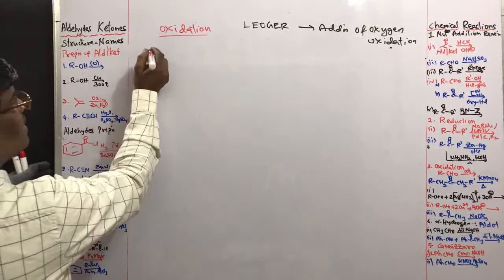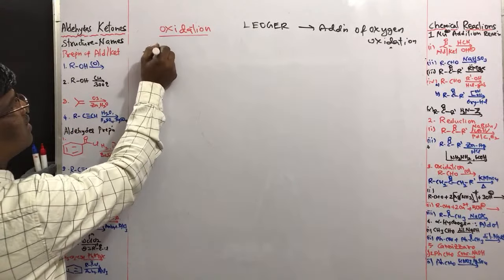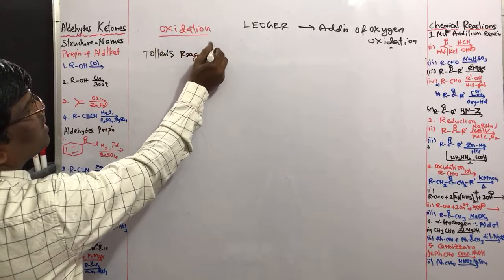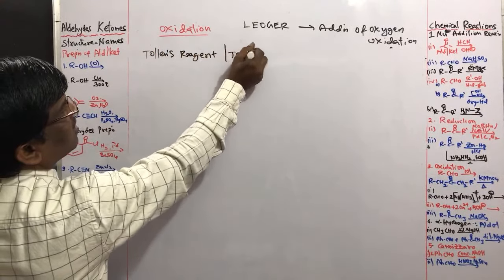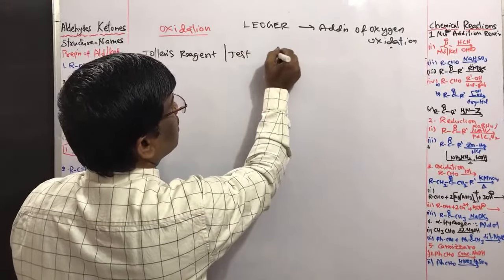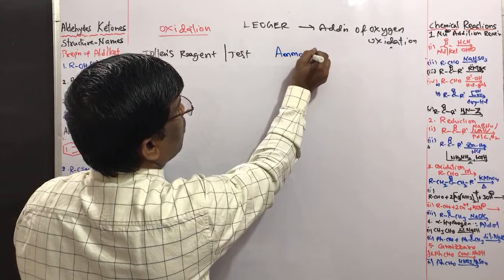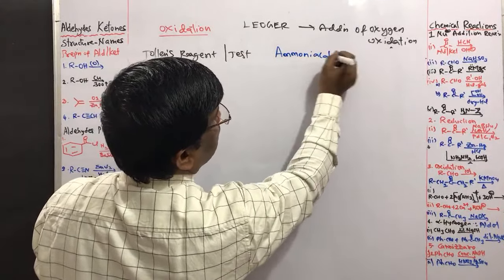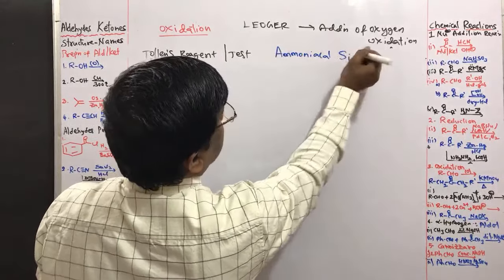So what is Tollens reagent? Tollens reagent test, or Tollens test. Remember students, it is ammoniacal silver nitrate.